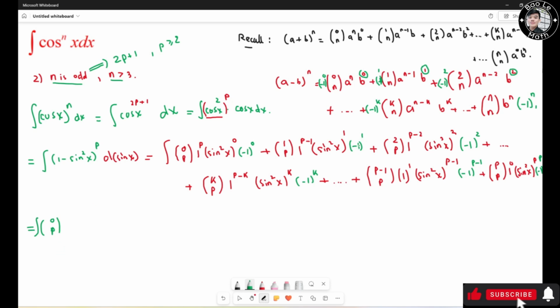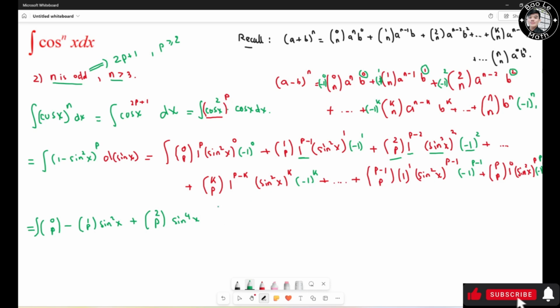Now the second one right here, because negative 1 raised to the power of 1 is going to be negative 1, I put a negative sign right here. Combination of 1, p, this equal to 1, right? Sine square of s raised to the power of 1 is going to be sine square of s. Plus the next one right here, combination of 2, p. This equal to 1. This equal to 1. This equal to sine to the 4 of s, right?